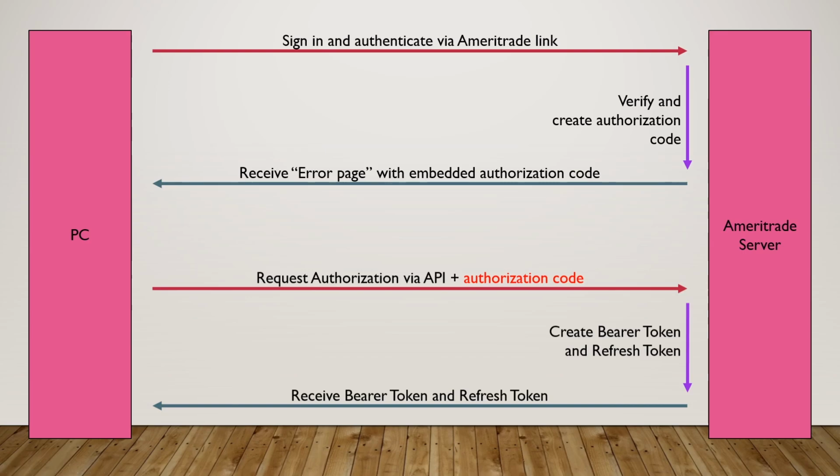It returns it as an error page. So it looks as though you received an error when you tried to sign in. But in fact, the authorization code is embedded in the return URL on the web page. We'll see that as we go along, so it becomes a lot clearer. The authorization code is then extracted, and you can then proceed with the API call.